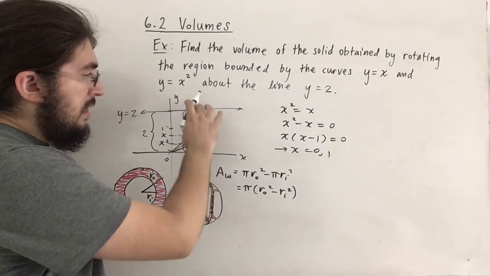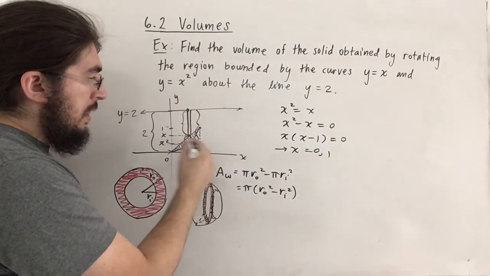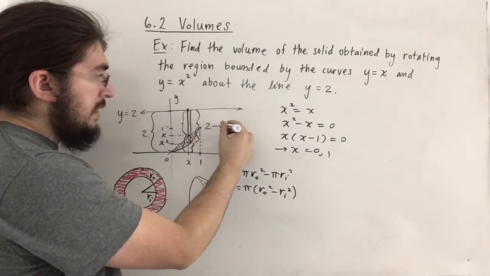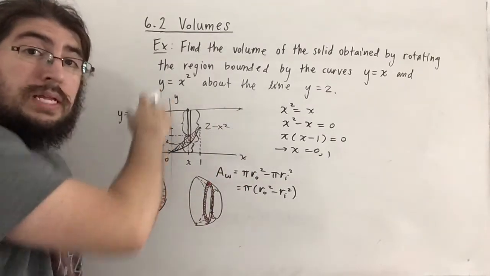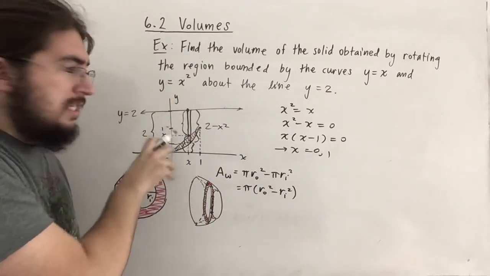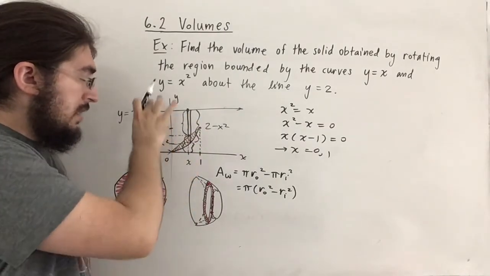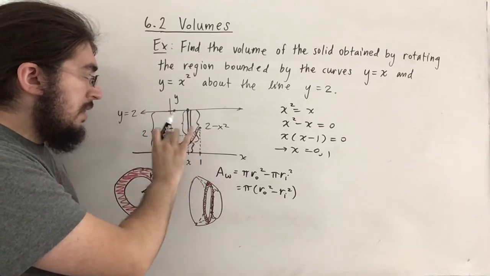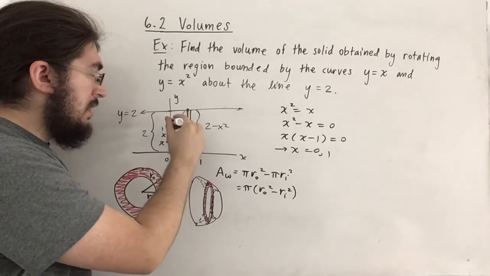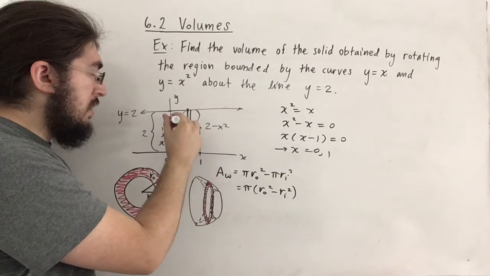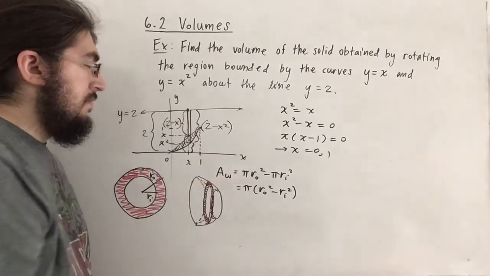So notice that this distance of the outer radius is just 2 minus x squared, because it's the complete distance 2 minus the parabola. I know it's kind of small writing. And then here for the inner radius, it again is the complete distance 2 minus the y distance for the line, which is x. So this is 2 minus x. Awesome.